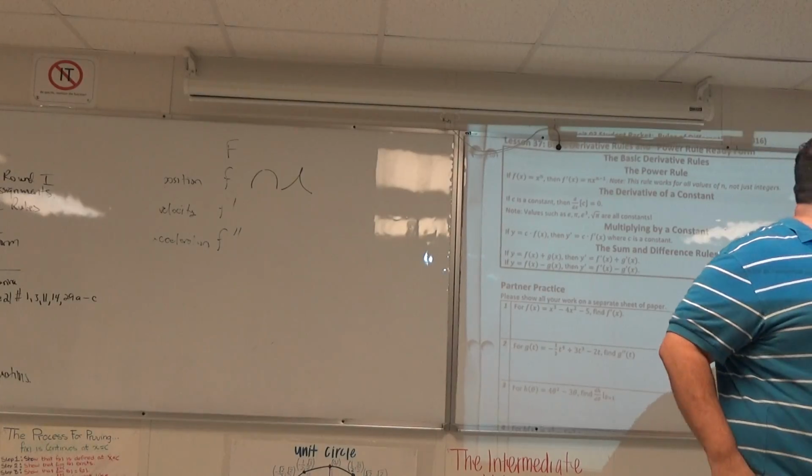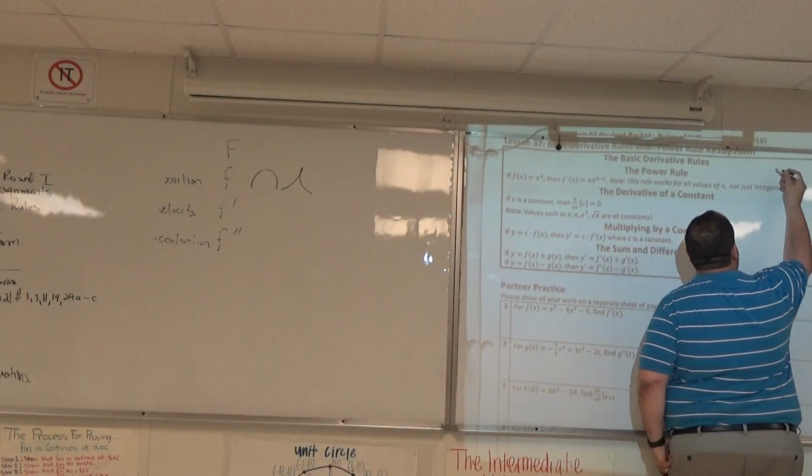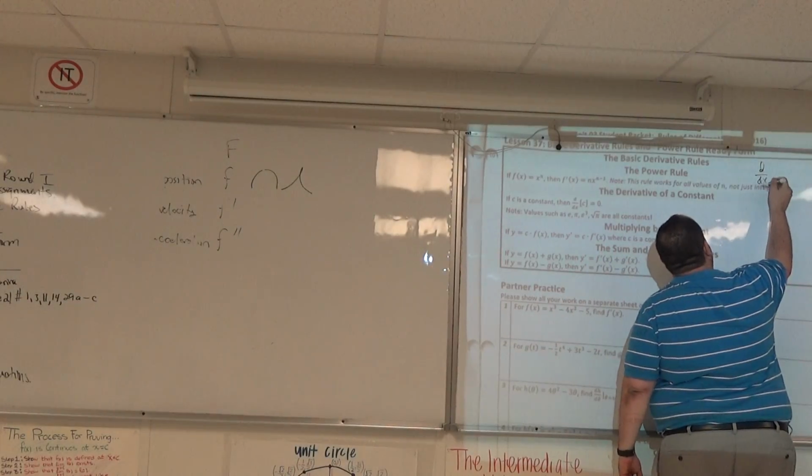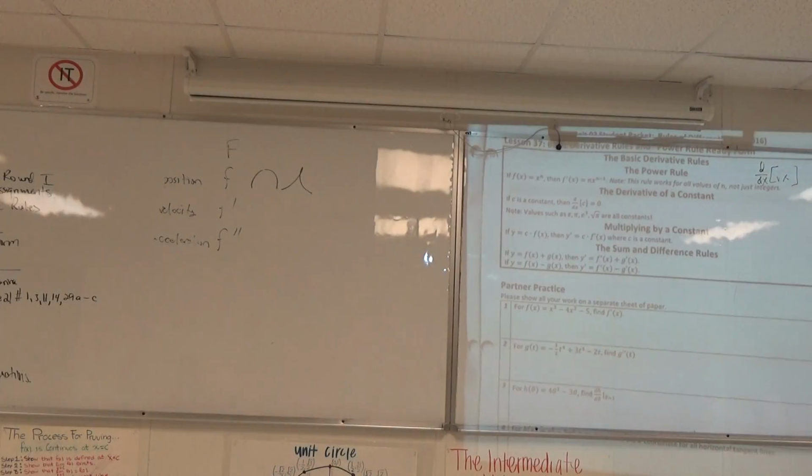Now things start to get tricky when, for example, let's just add this somewhere in your notes. If I said find the derivative of the square root of x, this is a power rule problem. The problem is you may not see it as power rule yet.